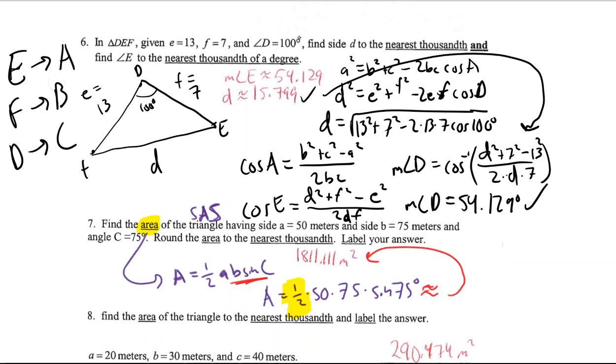But of course, the mistake I made was make sure you're paying attention to what you're trying to find. I already knew angle D, and I wasted a couple minutes trying to find angle D. I didn't change it here. I was supposed to be finding angle E.